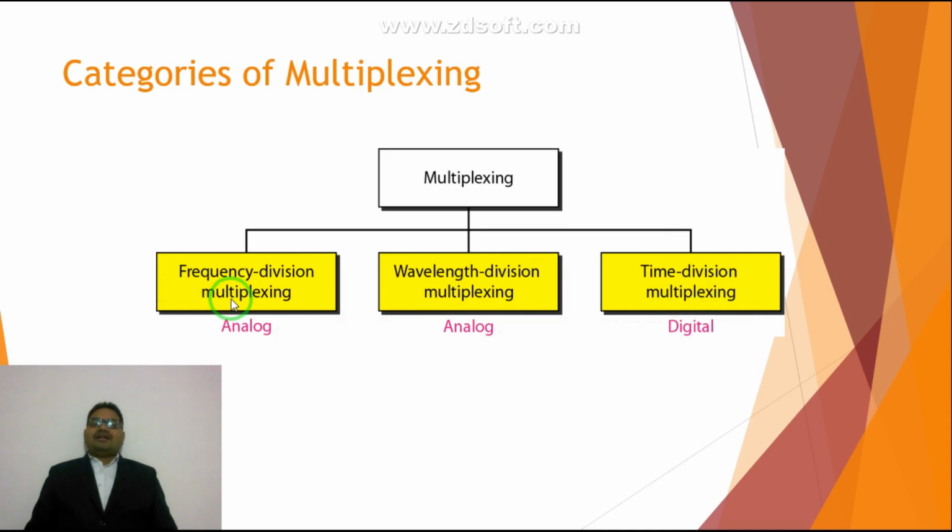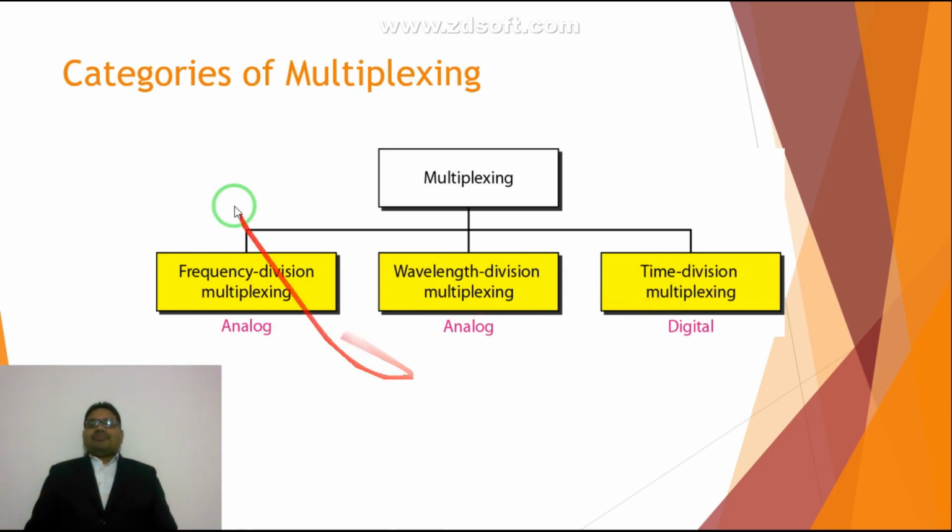So for analog signals, we prefer frequency division multiplexing. For optical signals, light signals, we use wavelength division multiplexing. Whereas for digital signals in the form of 1 and 0, you require time division multiplexing.